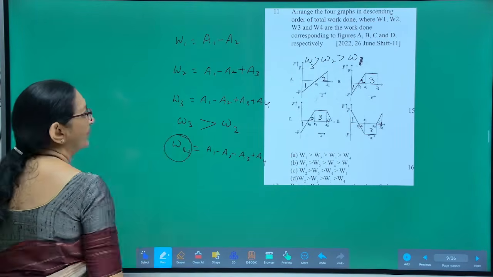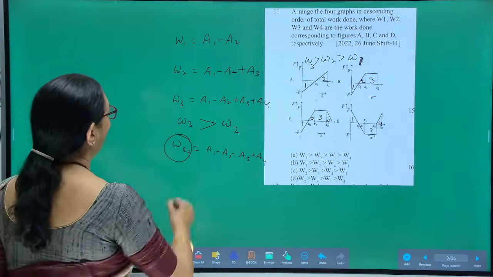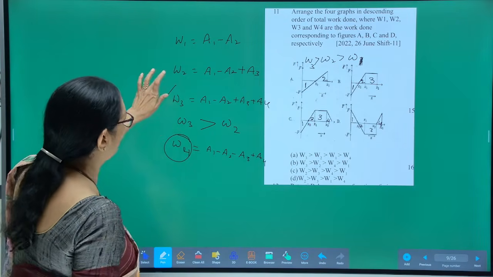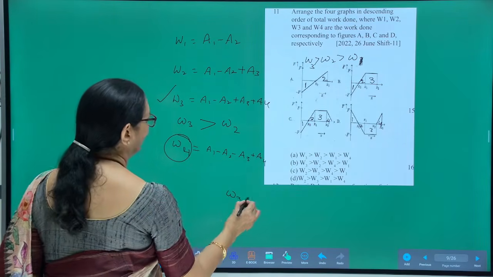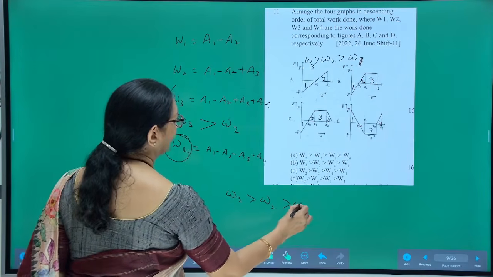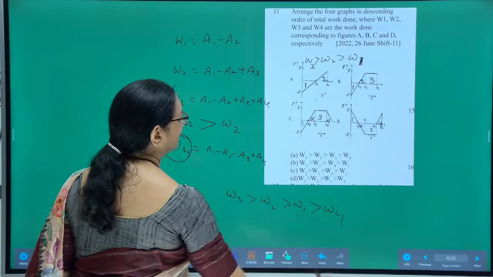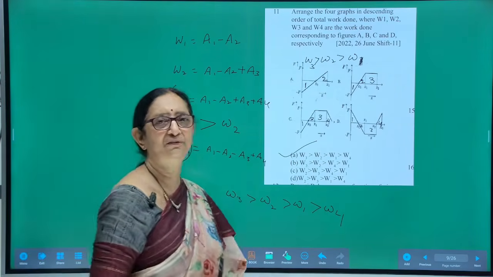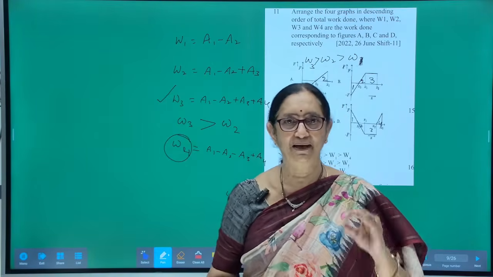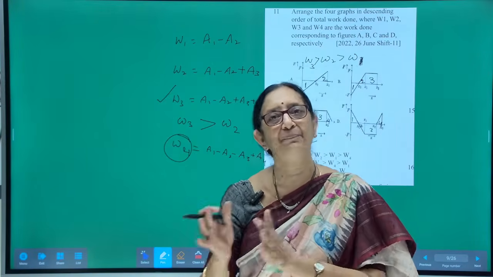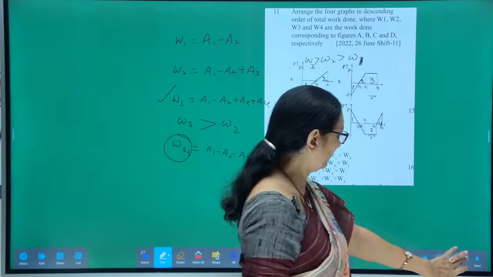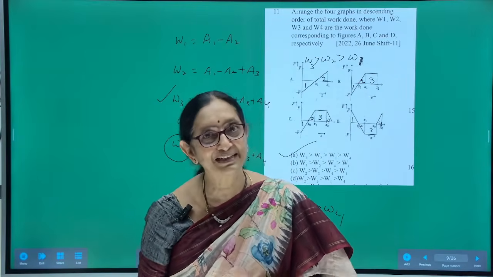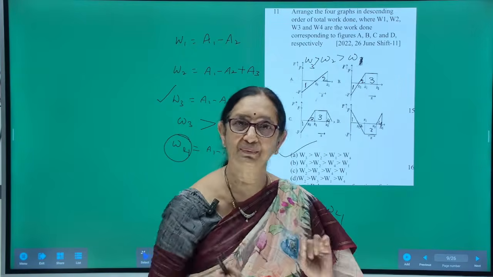So, W4 is the least. W3 is the highest: W3 greater than W2, greater than W1, greater than W4. Which option is true? This option is true. We just need to find out the net area. Positive minus negative area becomes the net, because the area bound by the force displacement graph with the displacement axis gives us work done.